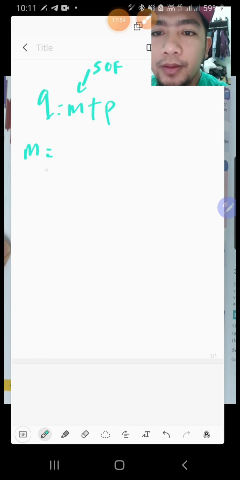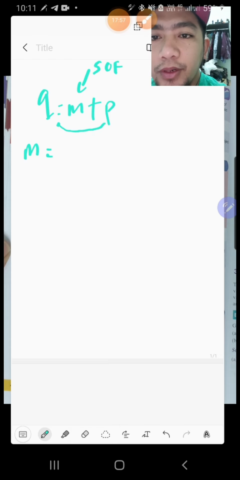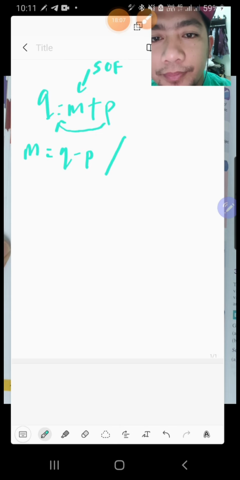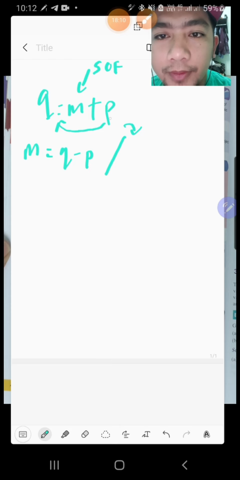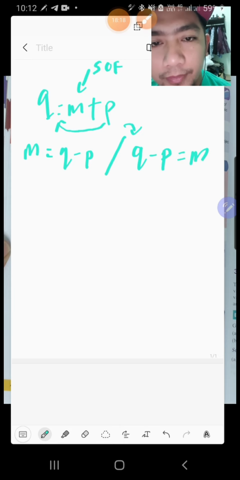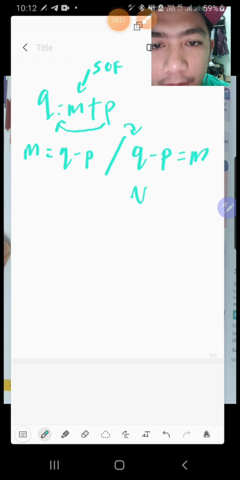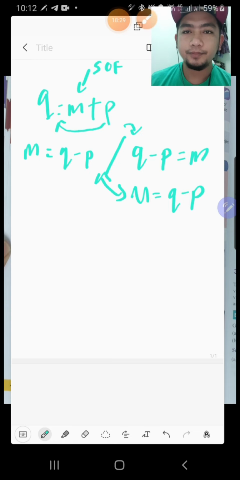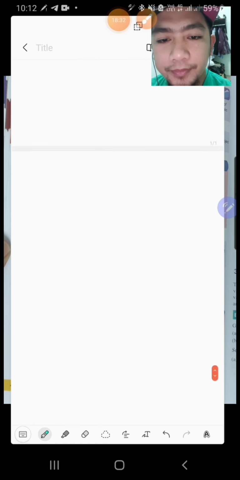So that means P you bring to the left, so Q minus P is equal to M. So you rewrite M equal to Q minus P. So it is the same.